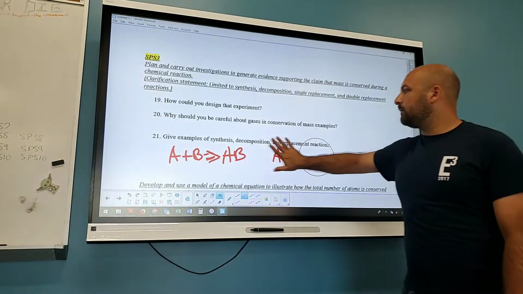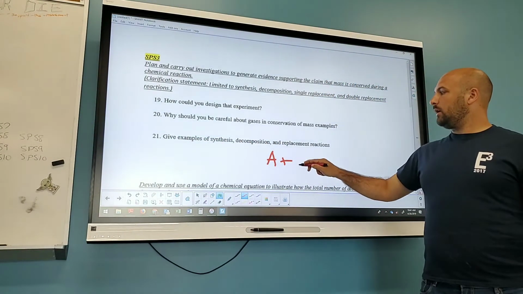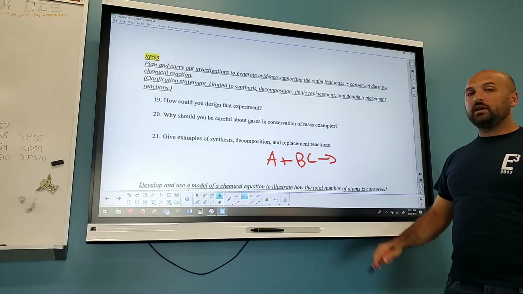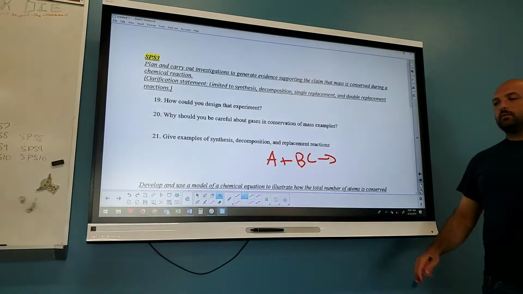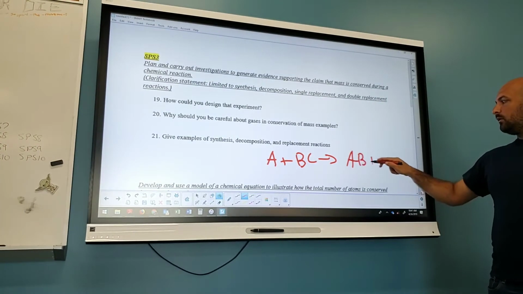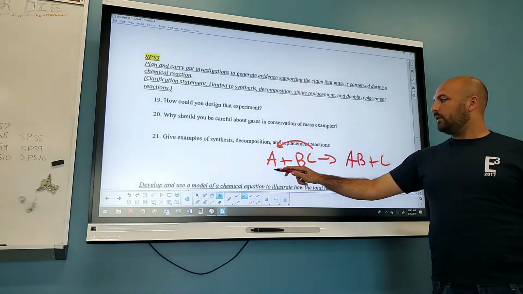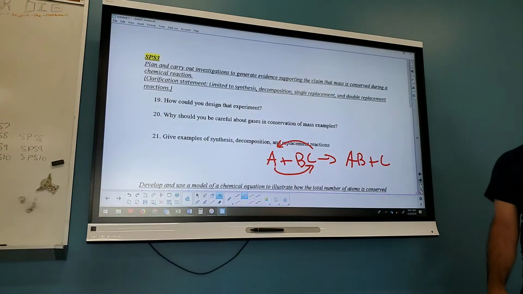Single replacement: A plus BC gives me AB plus C. So we only swap one thing out. You're swapping the A and the C, just one thing. Does that make sense?